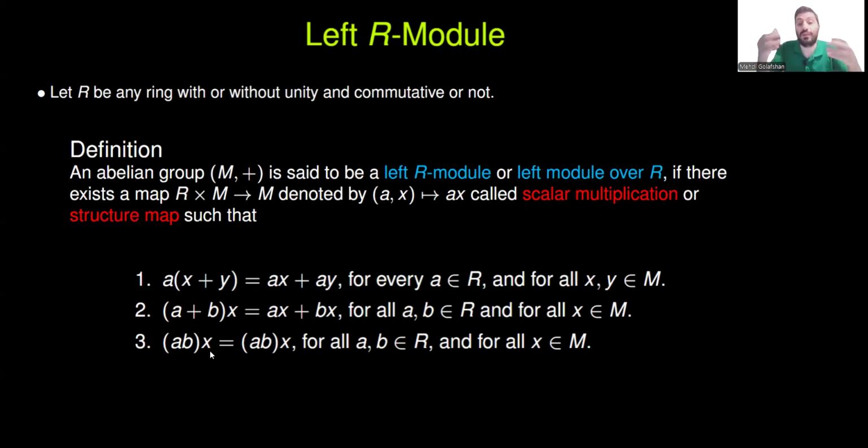We know that any field is a kind of ring with more special properties, so we can say that any vector space is a module, but the reverse is not true. Let me talk about one more definition in the next slide.